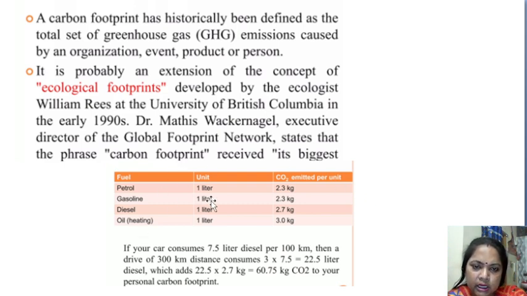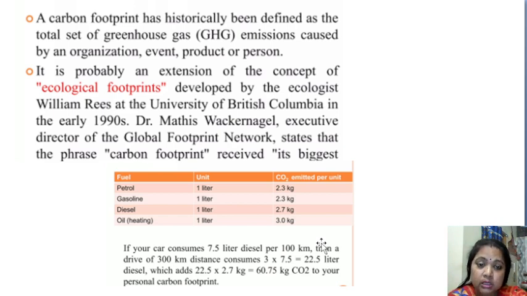If we burn 1 liter of petrol, the total amount of carbon dioxide emitted per unit is 2.3 kg, and from gasoline it is the same 2.3 kg. Diesel produces more carbon dioxide, 2.7 kg, and from oil heating we are liberating 3 kg of carbon dioxide per unit to the atmosphere.